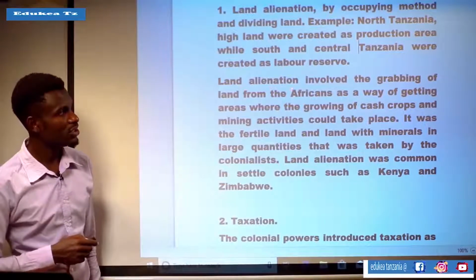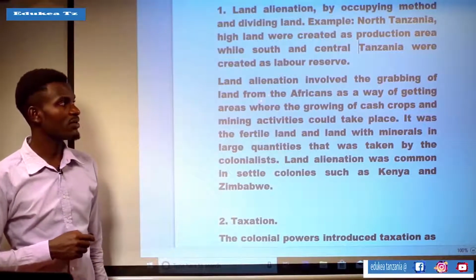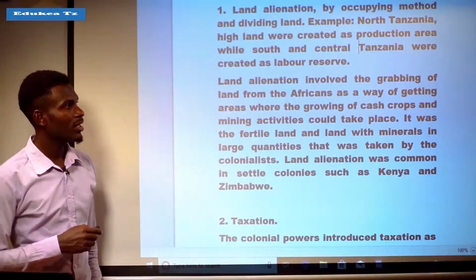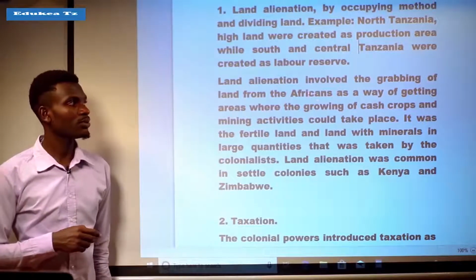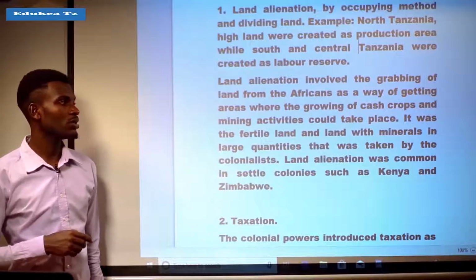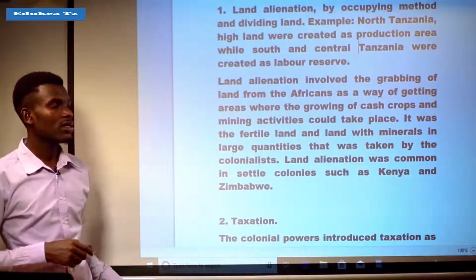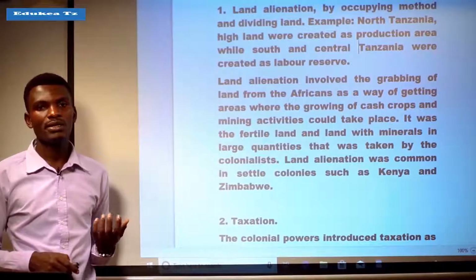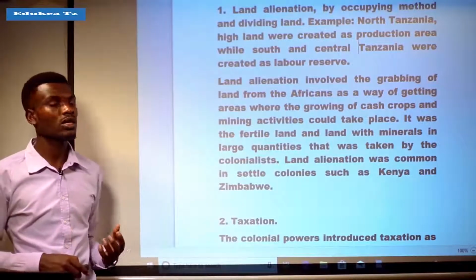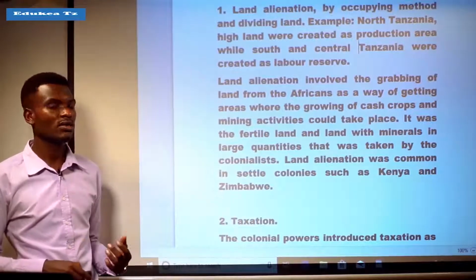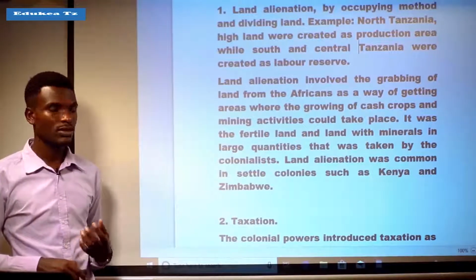Land alienation involved the grabbing of land from the Africans as a way of getting areas where the growing of cash crops and mining activities could take place.